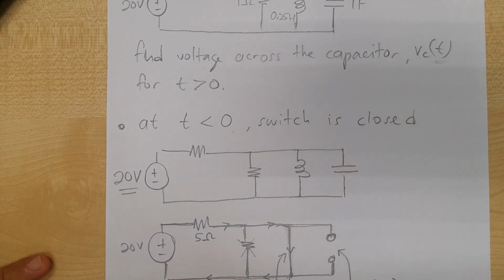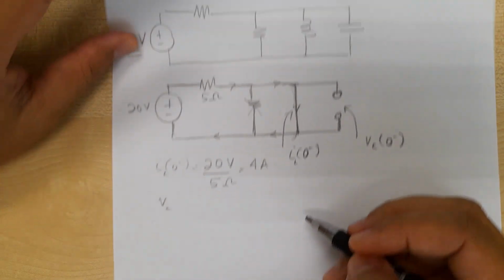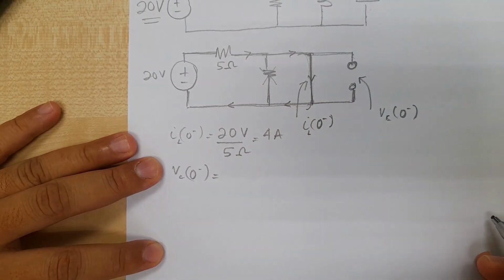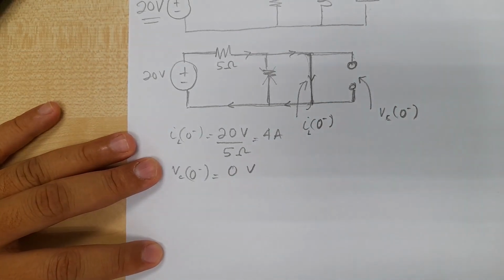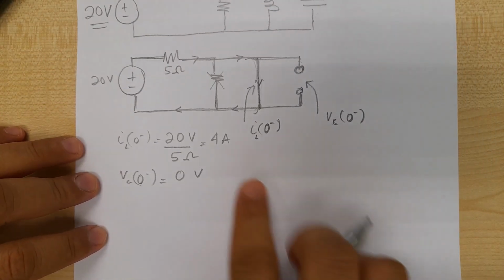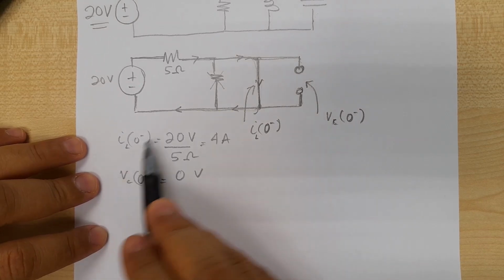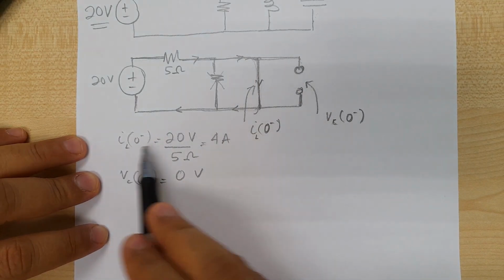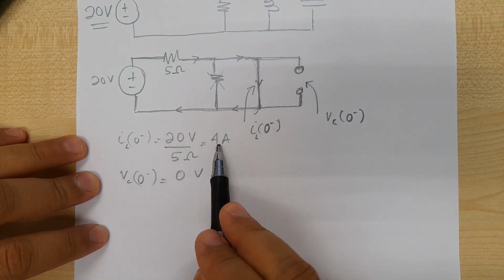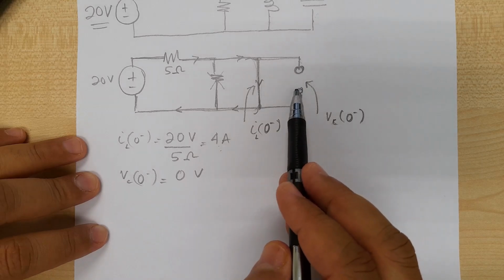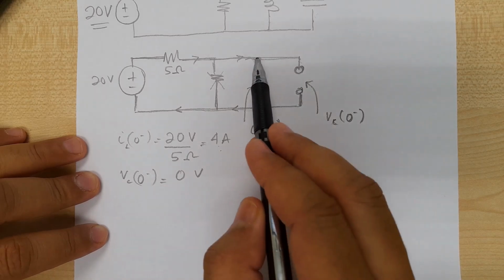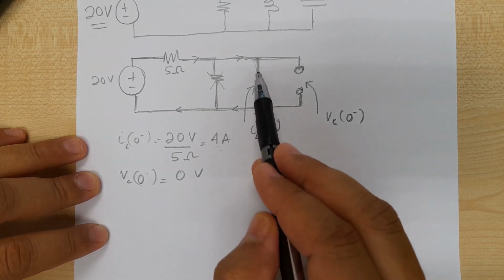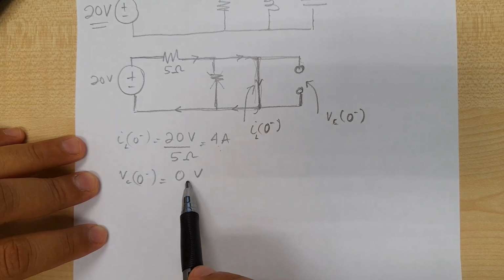So we know that VC is 0, right? So that is the initial condition for the inductor. The inductor is shorted, so that is the initial condition for the inductor. And then for the capacitor, it is the same terminal with this branch, so this is 0 volt, right?